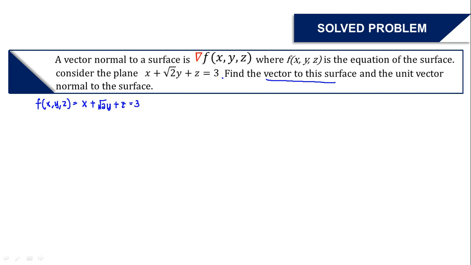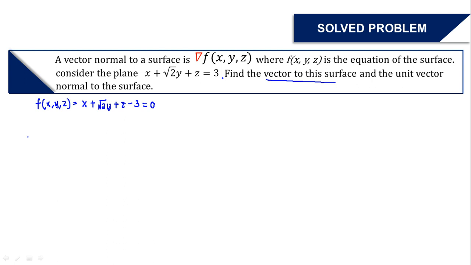x plus the square root of 2 y plus z is equal to 3. O, siguro mas maganda ilipat na natin yung 3 sa kabila. Gawin na nating minus yan. Minus 3 is equal to 0. Yan. And sabi sa properties ng gradient, no? Para mahanap natin yung gradient ng plane na yan, it is based on the fact that the gradient is always normal to a constant value function.